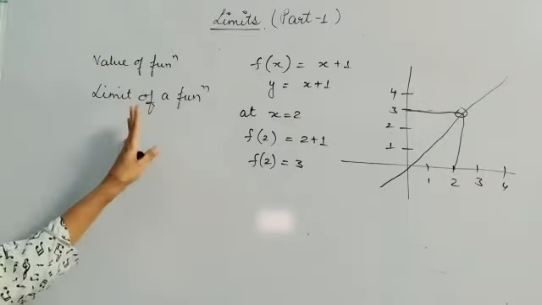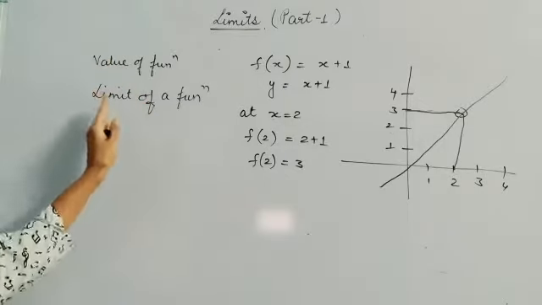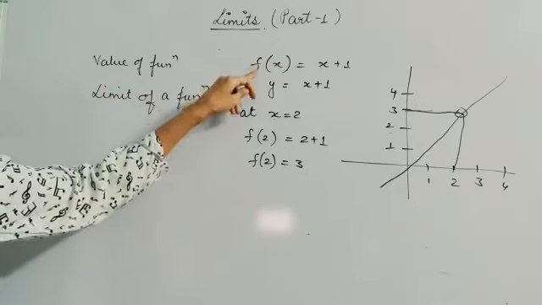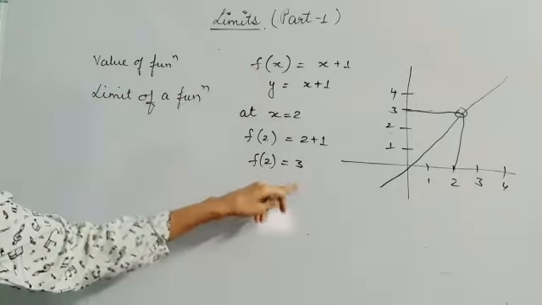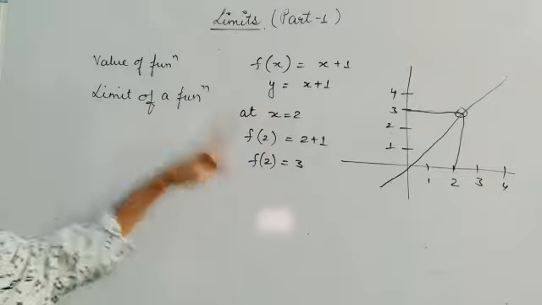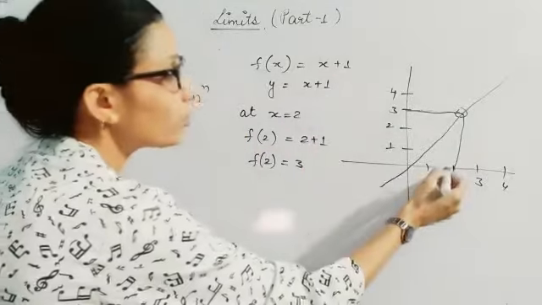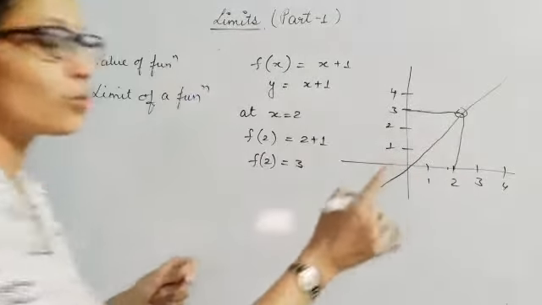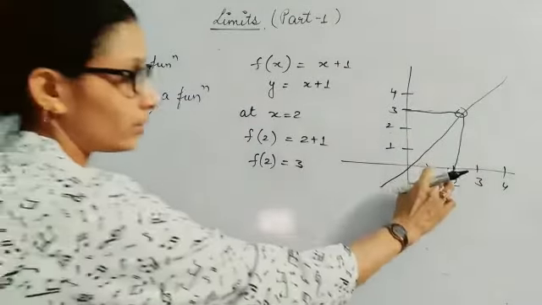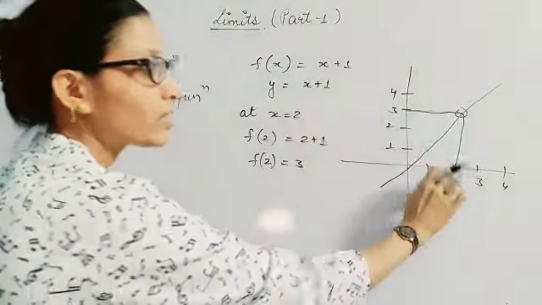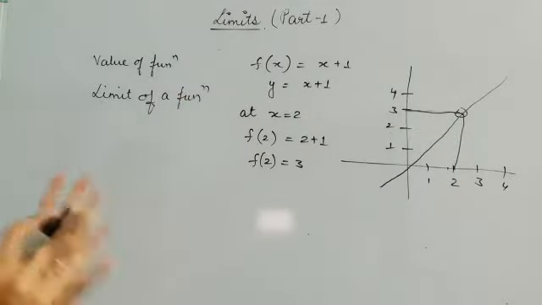I cannot say that the limit of the given function at x = 2 is the value, because limit of a function means we are interested in knowing the neighborhood, the nearest neighborhood point of this function at x = 2.